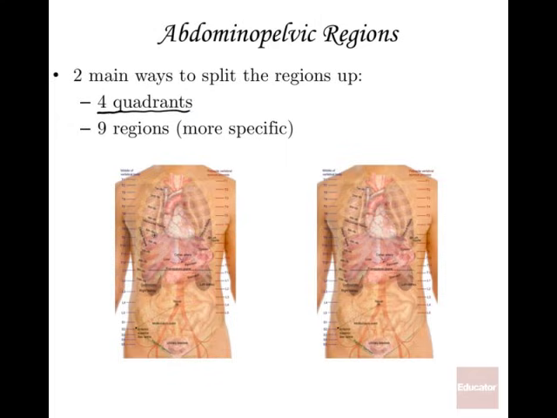So we could take this whole section here, and split it up right next to where the navel is. That's right on top of the navel, really. That's the cross-section of these 4 quadrants. And since they're called quadrants, we know they'd have to be 4. So when we're looking at this person's body, the right and left side is relative to him or her, not relative to the viewer.